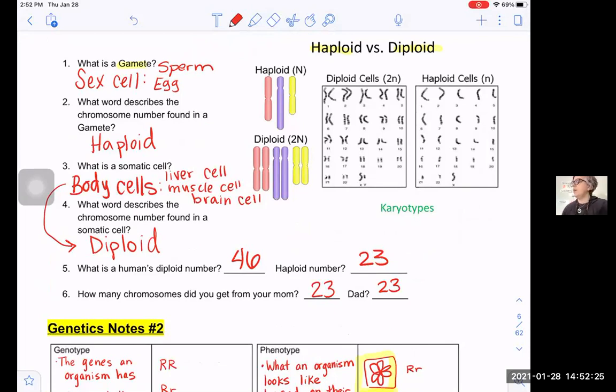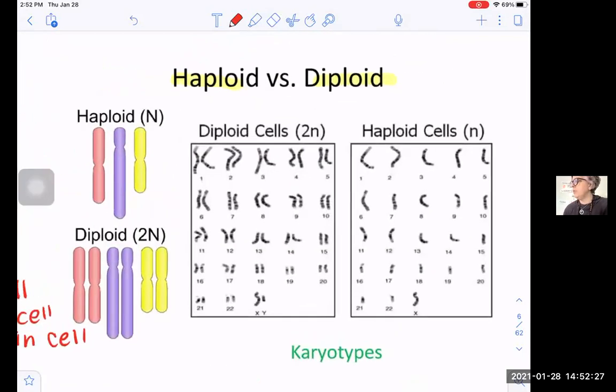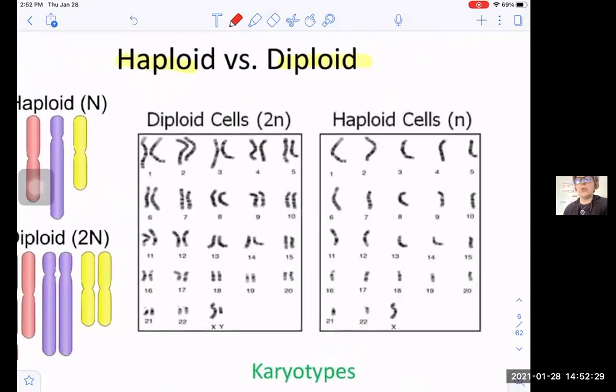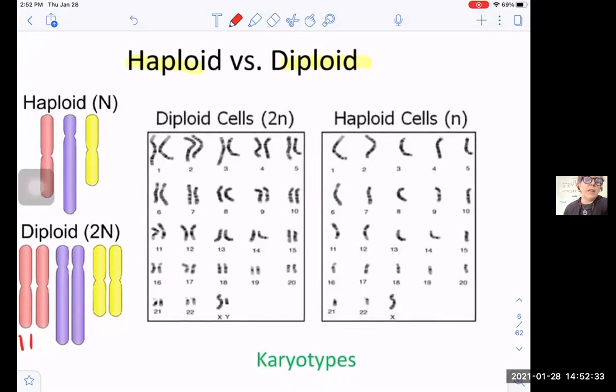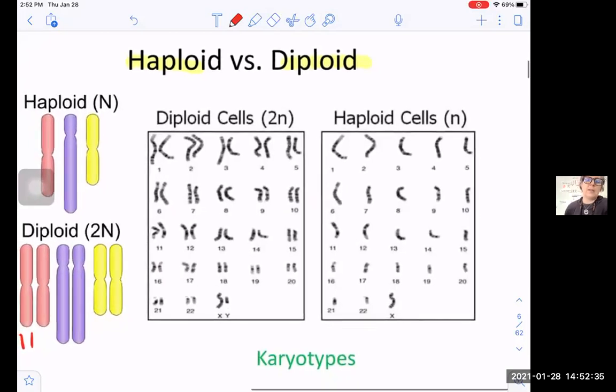And I just want to remind you of what these pictures are. I showed this to you yesterday in the vocab slides, but I gave you this here because I wanted to show it to you one more time. What this is a picture of here is somebody's chromosomes. A picture was taken and the chromosomes don't line up this nicely. People have to find chromosome number 1 and put it next to 1, and 2 and find it.